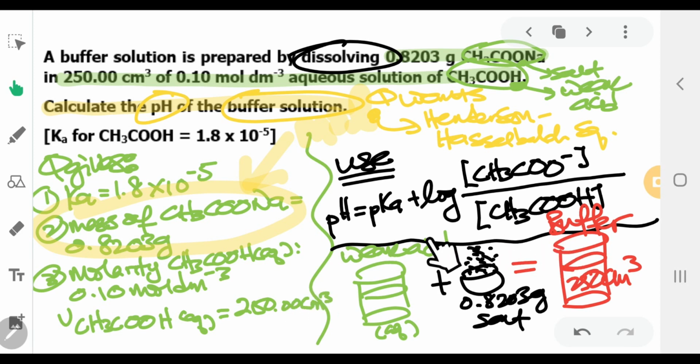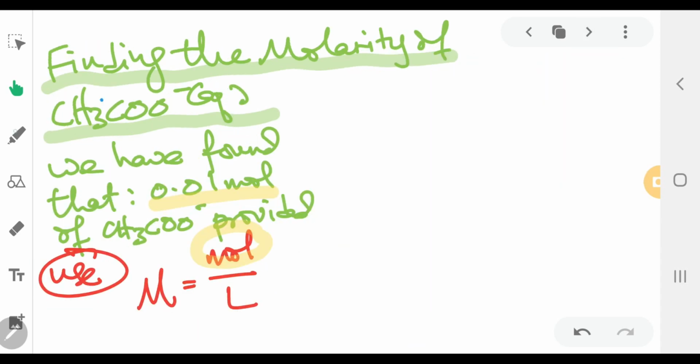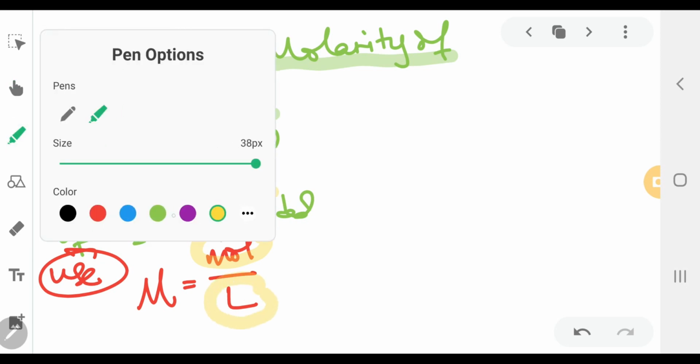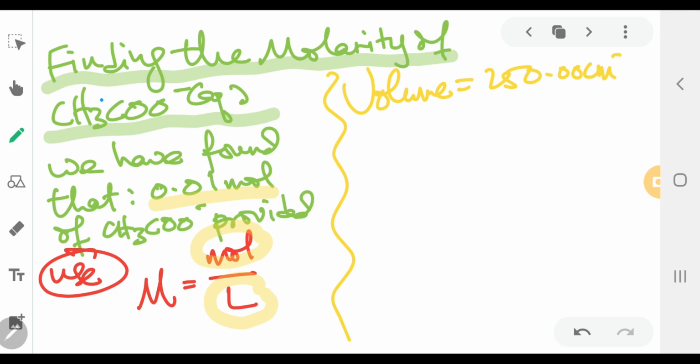And automatically, this will be the volume for your CH3COO-. So the liter over here, the volume will be 250 centimeter cubic, and we're going to change that to liter.